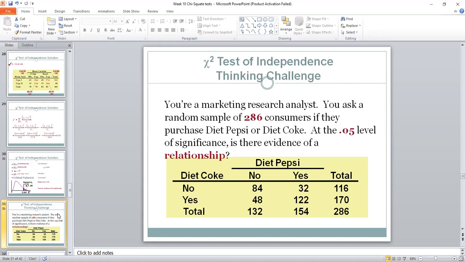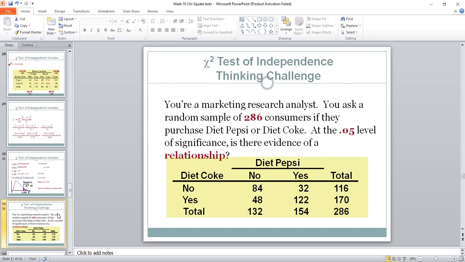So they go to the field and collect data from the youth, from the consumers, and ask them those who consume Diet Coke, Pepsi, and those who consume Diet Coke. You want to check whether there is a relationship. Just ask them a simple question, yes or no. 84% say they consume neither. 32% say they don't consume Diet Coke, but they consume Pepsi.